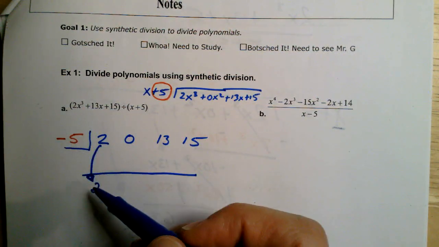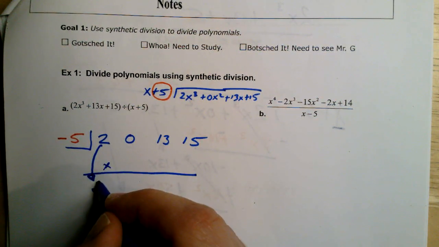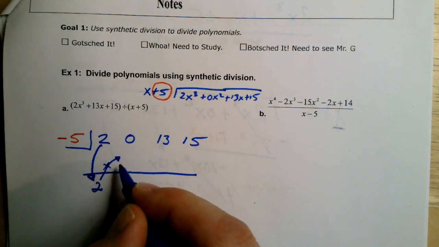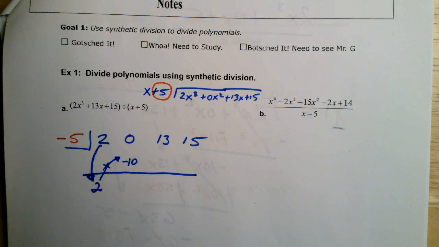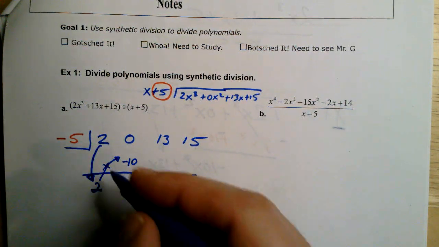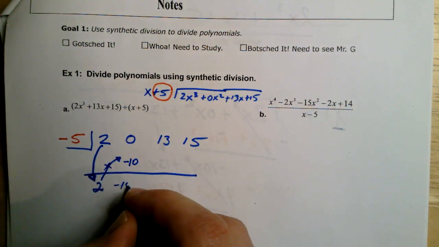So we take that -5 times 2. We multiply. So I'm going to put a little x there. 2 times 5 goes there, and that's -10. Now I add down. 0 minus 10 is -10.